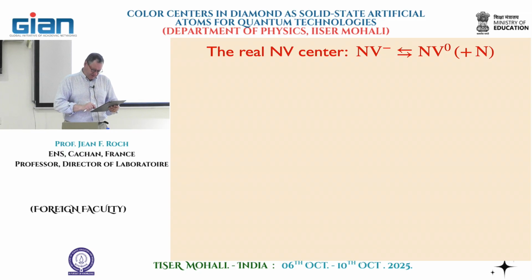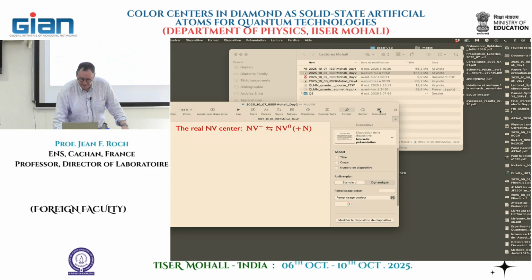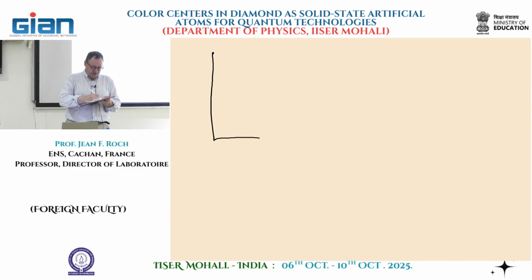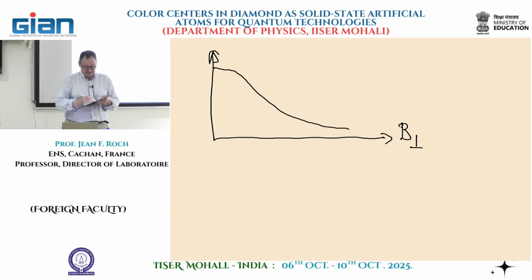Okay, let's come back. So let me write this. I remove that. Okay, and you will see the contrast, but it's in the paper we're going to discuss tomorrow. If I put, for instance, a component B perpendicular, I have a curve that will be like that.